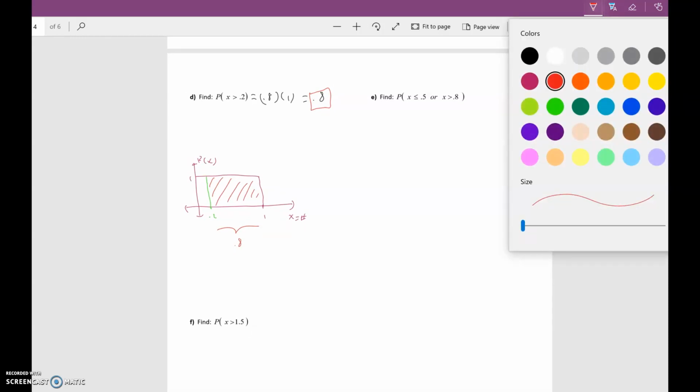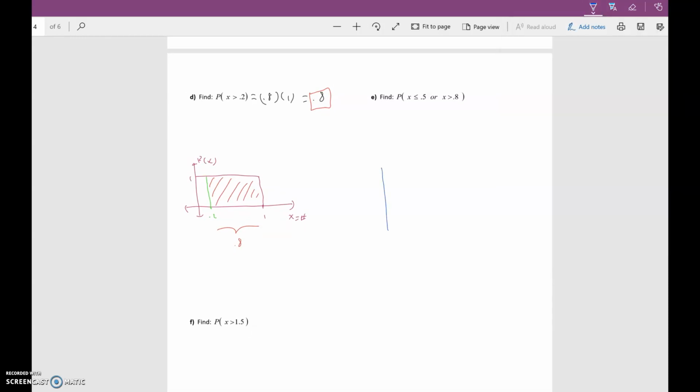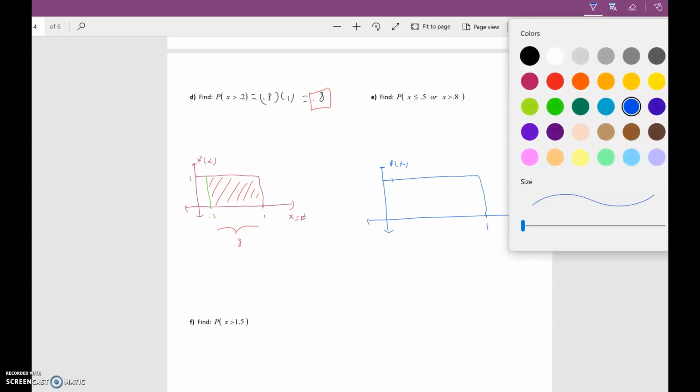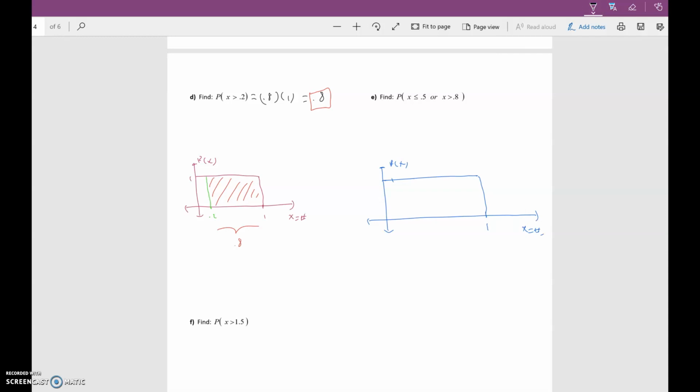Let me jump to E. And E could be messy, but in this case, this is still 1. You're still talking about numbers. This is 1. This is your p of x. Now, let me actually rewrite the formula. Remember that this is actually an OR statement.